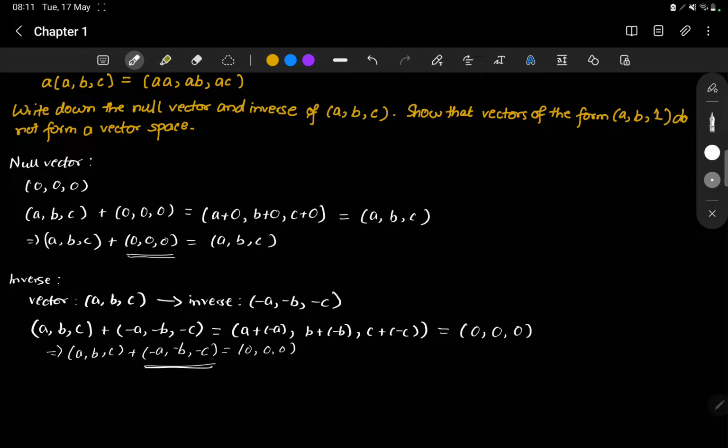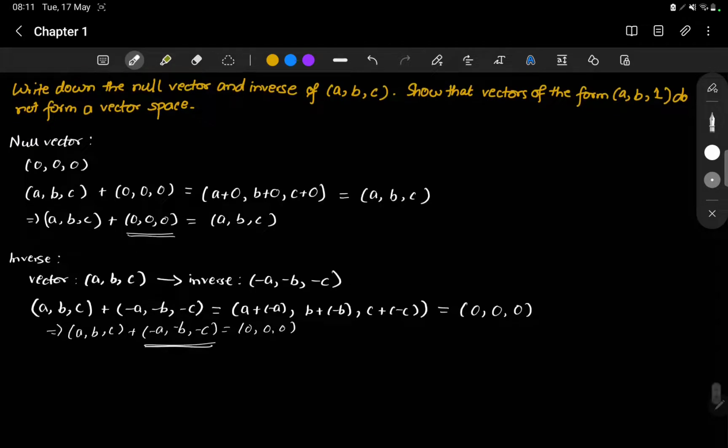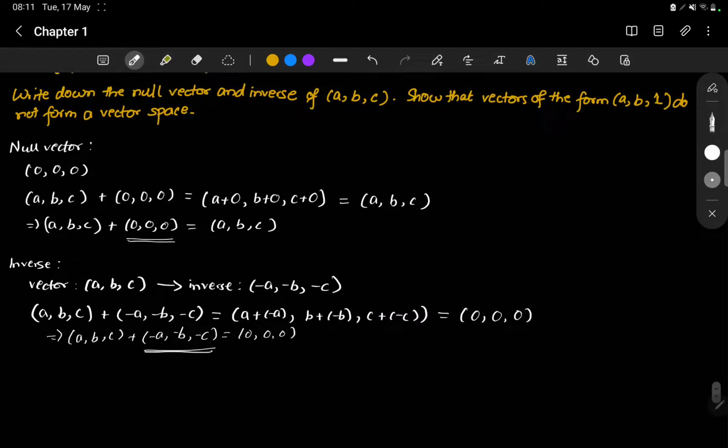And also inverse is unique. We saw that in the last video, the property of uniqueness of inverse. That means minus a, minus b, minus c is the unique inverse of a, b, c. Why? Because adding minus a, minus b, minus c to a, b and c gives us the null vector. So we have also found out the inverse. The third part of the question.